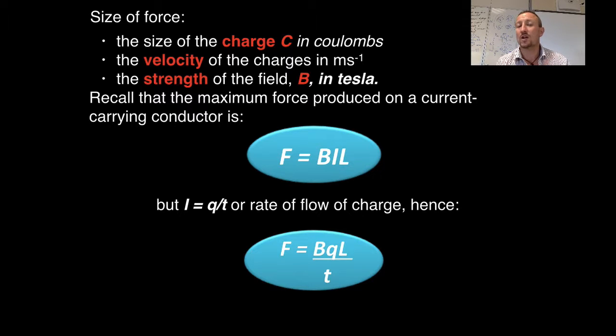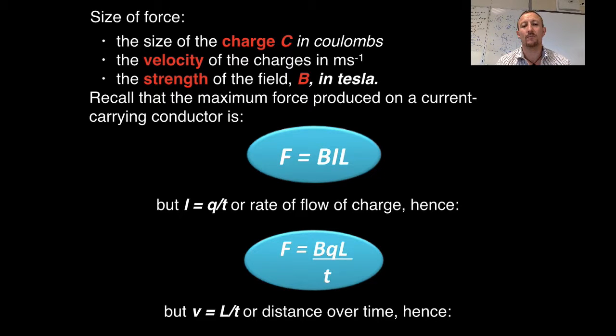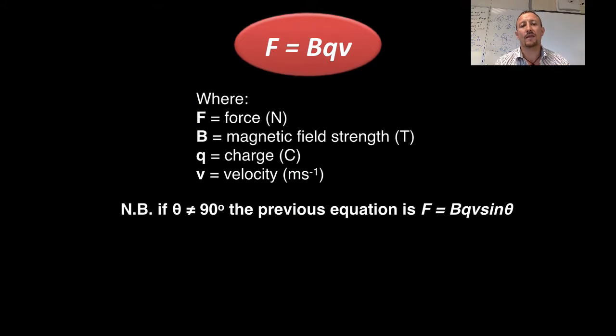Now, as I stated, we don't have a wire in this case, we just have a moving charge. But hang on a second, we know that length is a distance, and t is time. We've got distance over time, and that's the same as velocity. So as a result, we can get the formula F equals the field strength times the charge times the velocity.